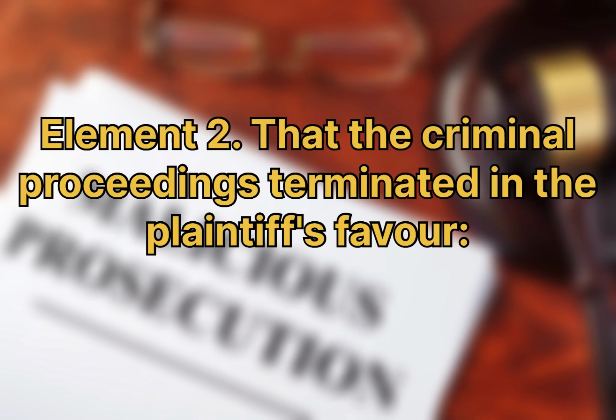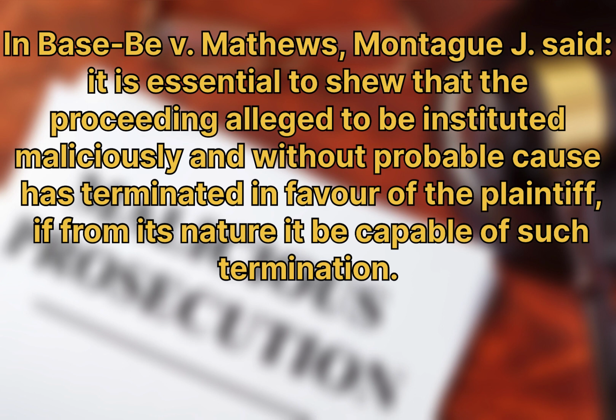Let's look at the second element, that the criminal proceedings terminated in the plaintiff's favor. In Basébé versus Matthews, Willes J said, it is essential to show that the proceedings alleged to be instituted maliciously and without probable cause has terminated in favor of the plaintiff, if from its nature it be capable of such termination.